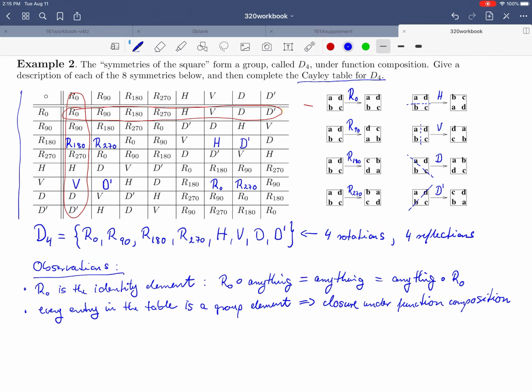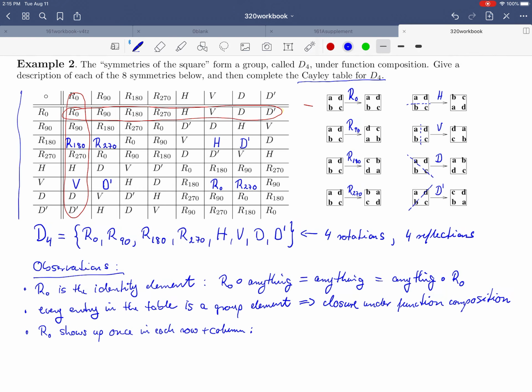So that's two important observations. A third important observation that you might have made is that you will see R0 exactly once in each row and in each column. So R0 shows up once in each row and column.